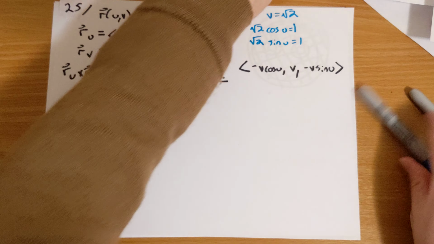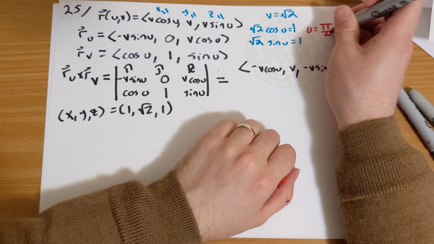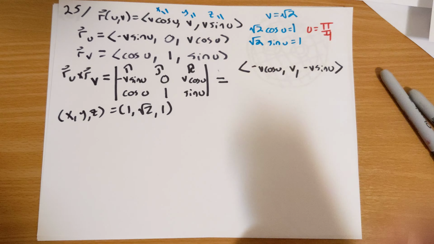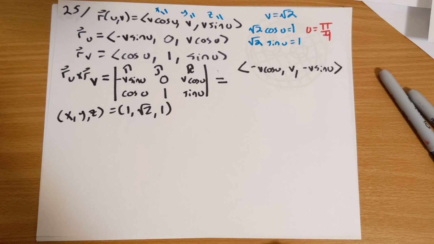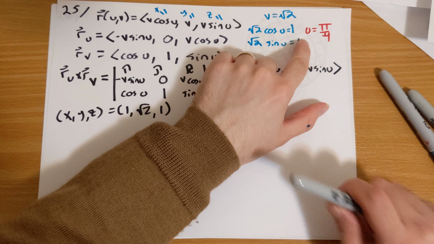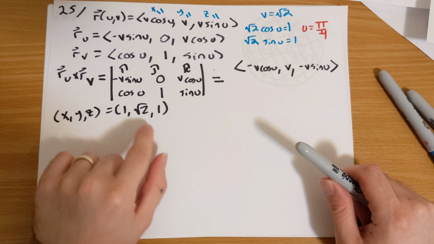This will be satisfied if u is pi over 4. So when u is pi over 4, cosine u and sine u are both 1 over square root 2, and you satisfy this. Okay, so we know what values of u and v give us this point.